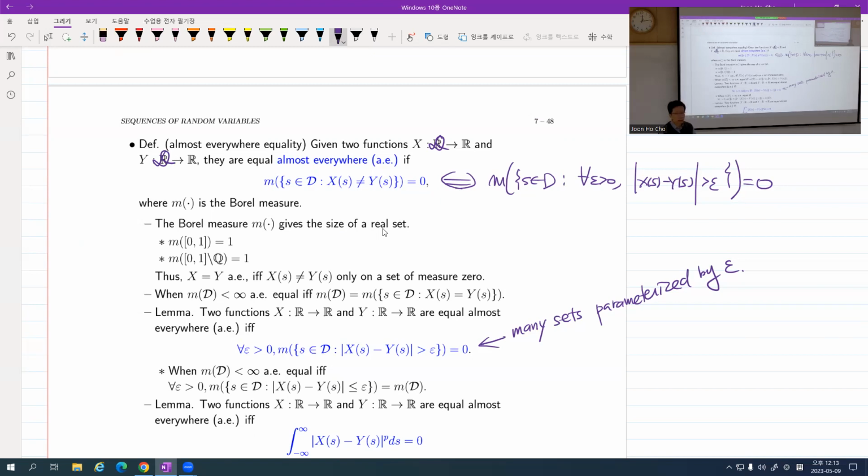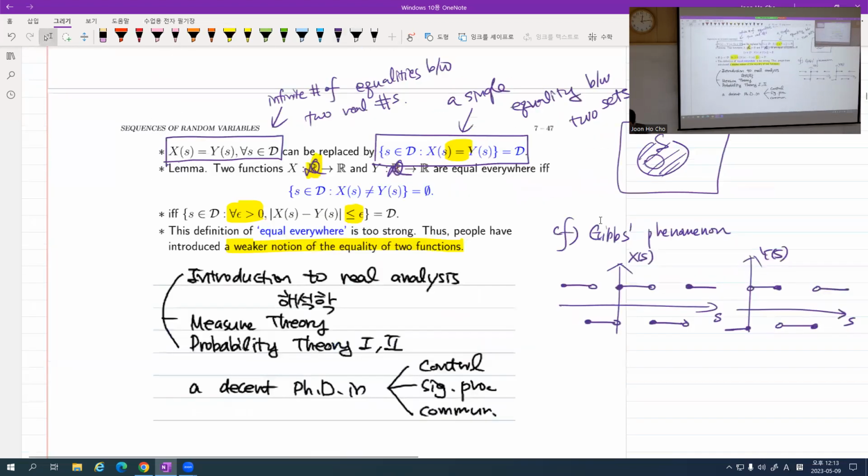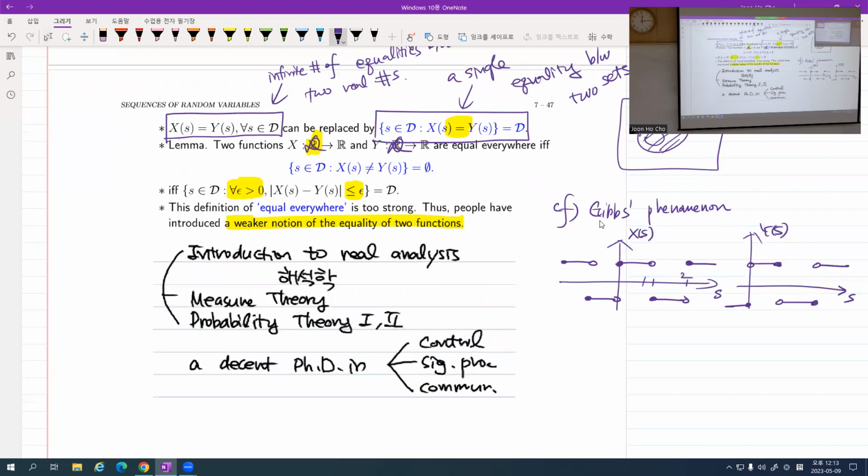Understanding that requires your knowledge of measure theory. However, I believe almost none of you have taken measure theory, so let me be simple. That is measuring the length of a subset of real numbers. So, for example, in the previous example, suppose this is every integer. Then what is the set of s in D? Suppose D equals R, and you have an infinite square wave.